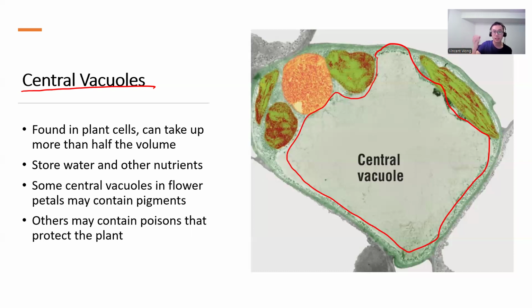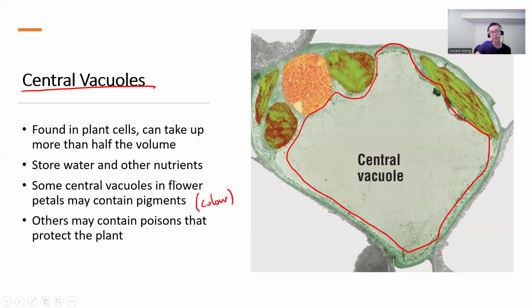Once you water them, it fills up the vacuole, and that actually creates pressure to help the leaves open and stand up against gravity, essentially. Some central vacuoles in flower petals will have some pigments in them. Pigments are basically color, okay?